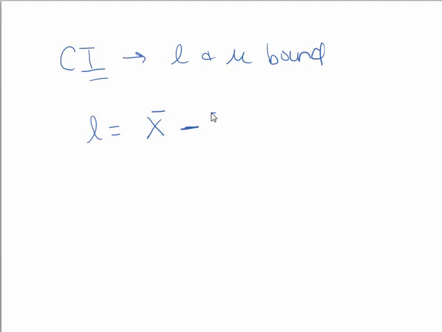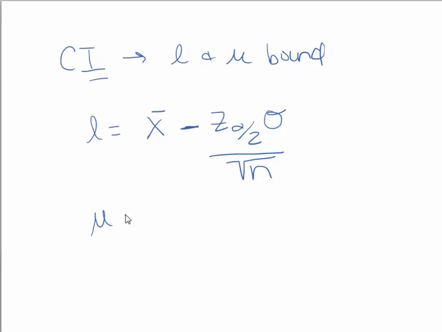To compute the confidence interval, we actually have to calculate a lower and upper bound because it is an interval. So our lower bound equation is x bar minus z alpha over 2 times sigma, which is our standard deviation, over the square root of n, our sample size.